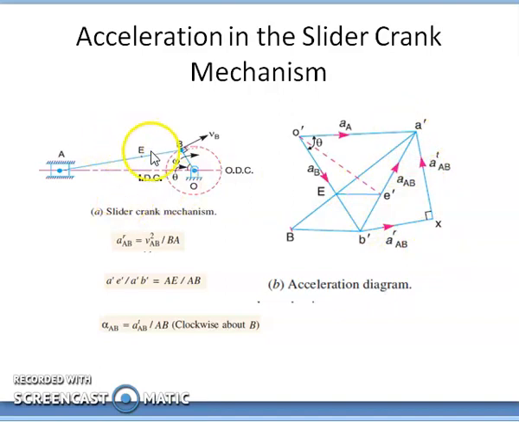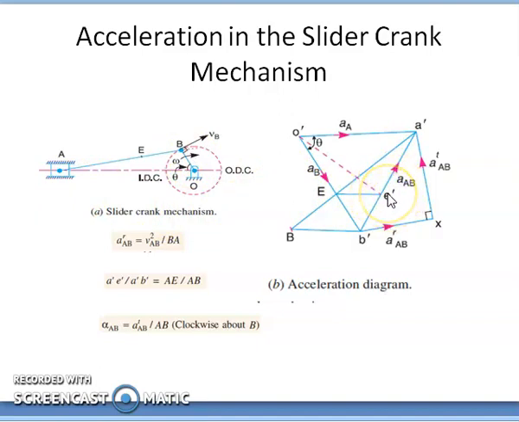Suppose we want to find the acceleration of any intermediate point, then you have to fix the point such that it divides the acceleration vector in the same ratio as the point divides the link. After finding the point E', that is, after fixing the point E, here they have drawn AB and fixed EA in the same ratio, and by extending the line they have fixed E'.